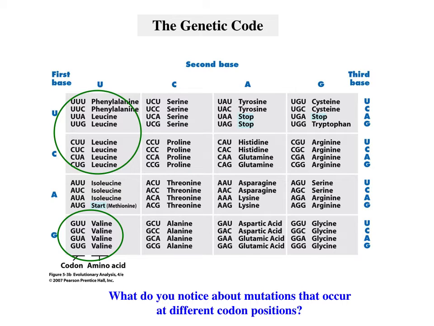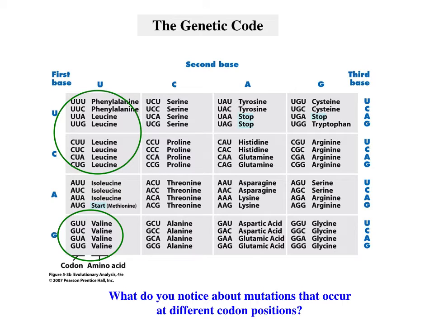After you've looked at this table long enough, you will also notice that a change in the third codon position is not necessarily going to always change the amino acid. For instance, where we were just looking at AUU, if you have a mutation in that third codon position and it becomes AUC, you still get an isoleucine. If it mutates to AUA, it still gets an isoleucine.